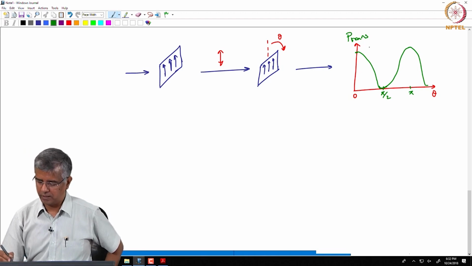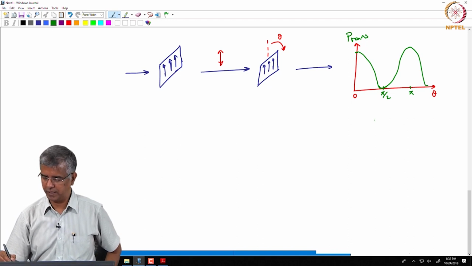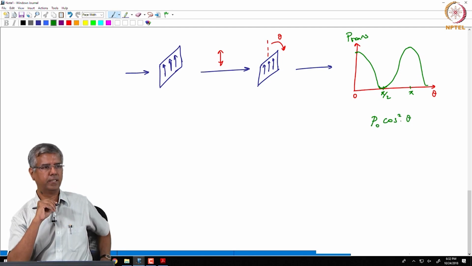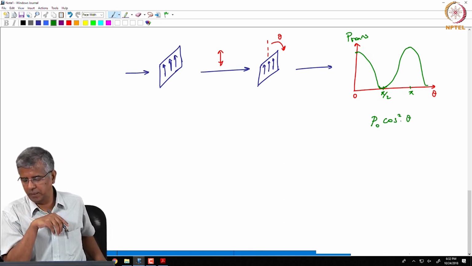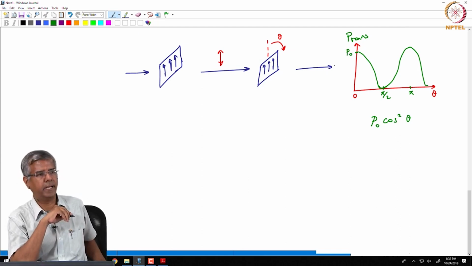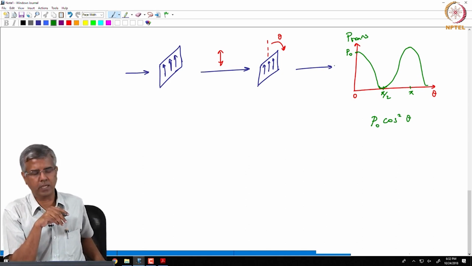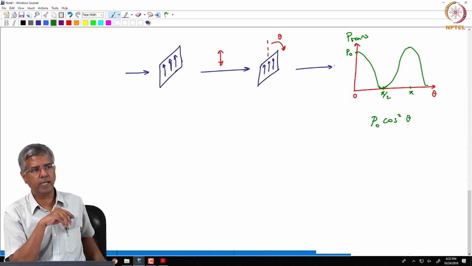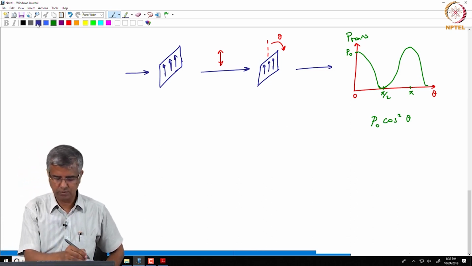So, the power that is transmitted can be represented as P naught cos square of theta, right, because this is equal to P naught when theta equal to 0, when theta equals pi by 2 it goes to 0 and then with pi it once again becomes P naught, right. So, this is what we call Malus's law.